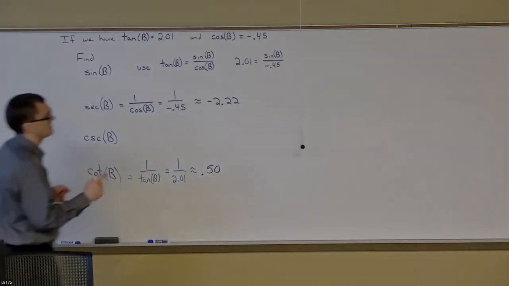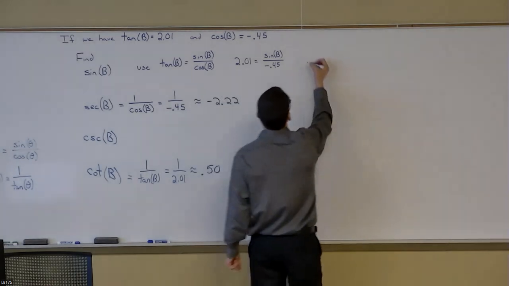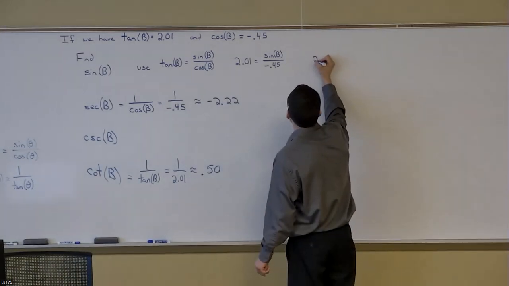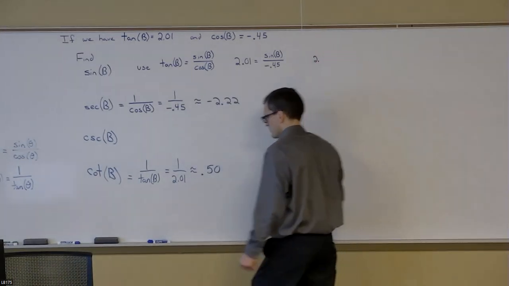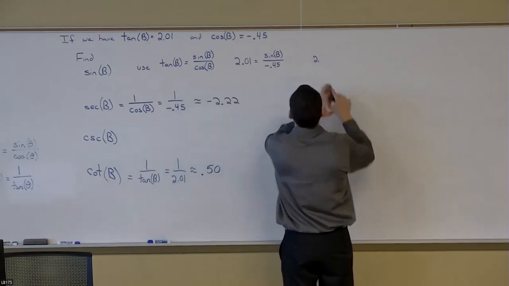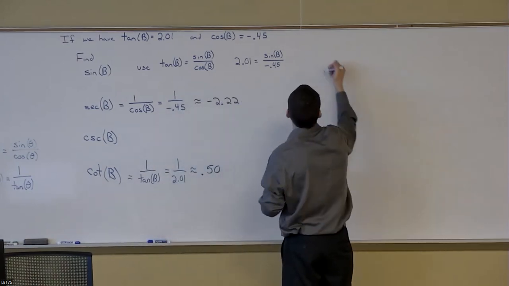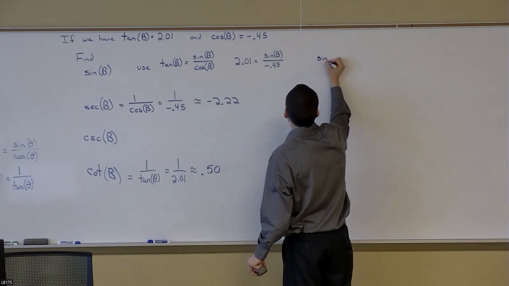Multiplying both sides by negative 0.45, let me rewrite this with sine on the left.